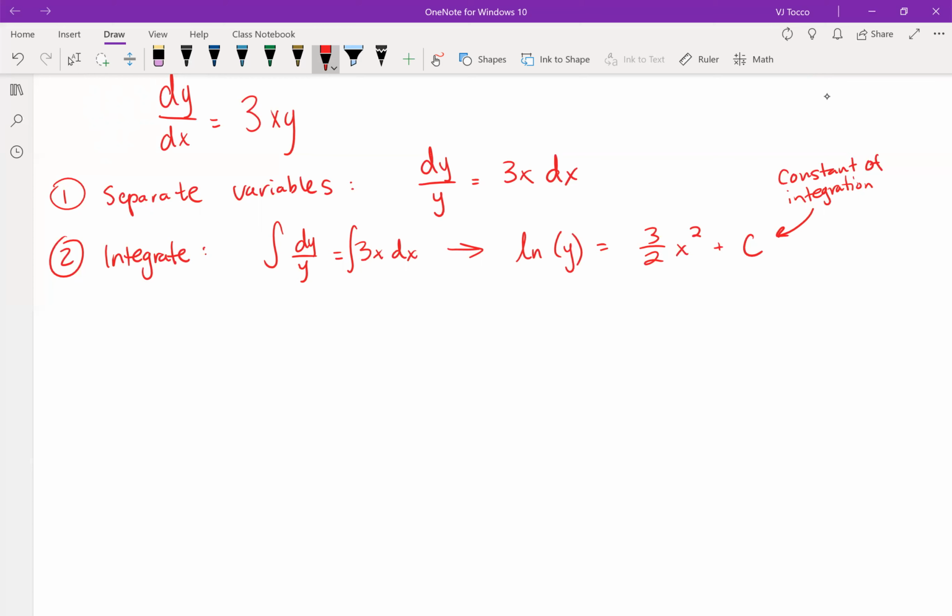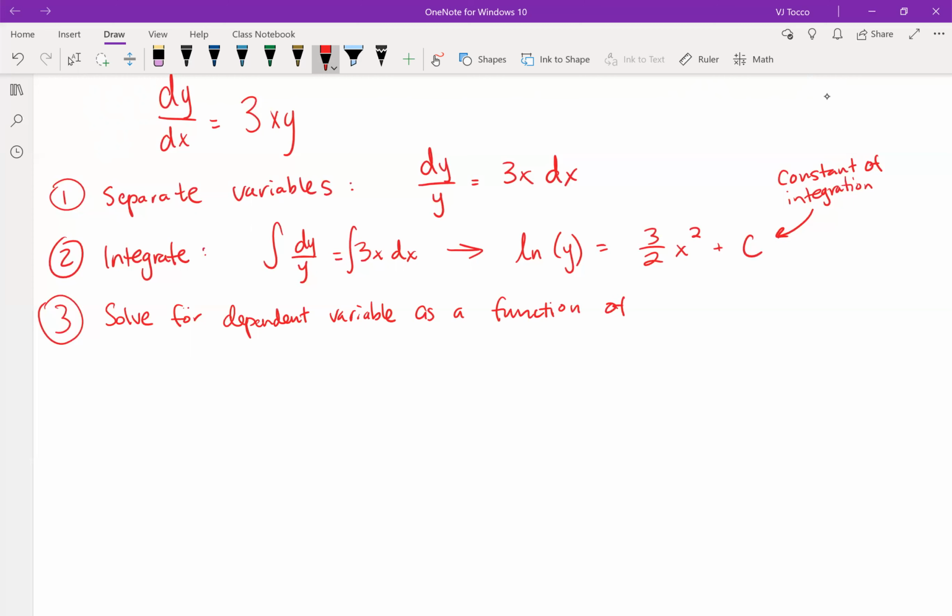Okay, the third step is to solve for your dependent variable as a function of the independent variable. I'm going to keep it general.